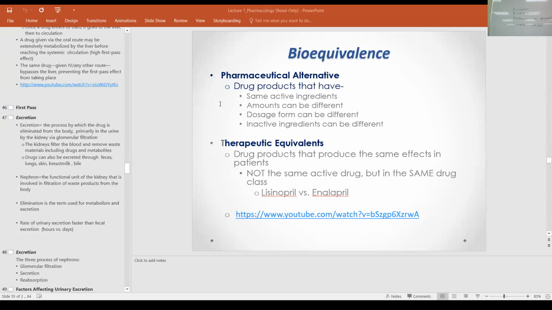So what we show is that they are equivalent biologically. We assume that that means that they're equivalent. There's a good rationale for that. Is it perfect? Not quite. There are some examples of drugs that don't seem to work as well as the brand.